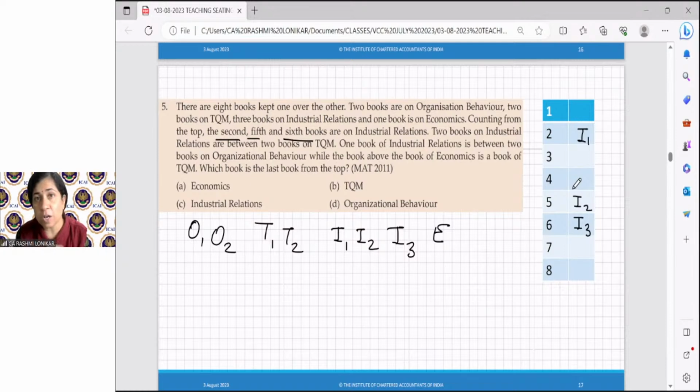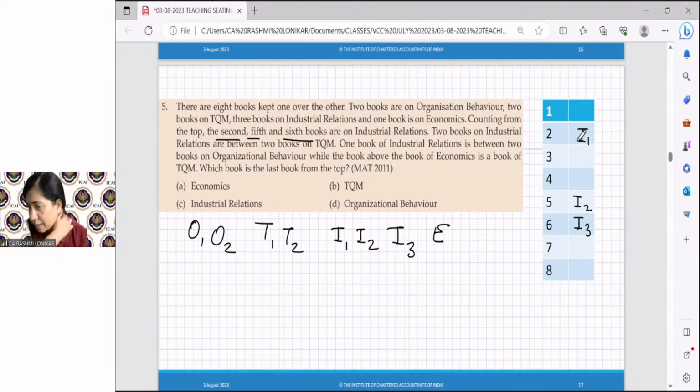Should there be an order I1, I2, I3? Which book is kept where is not important. The 3 books of industrial relations can be in any order; it will not matter. What matters is the arrangement of the books in terms of the subject and not a particular book.